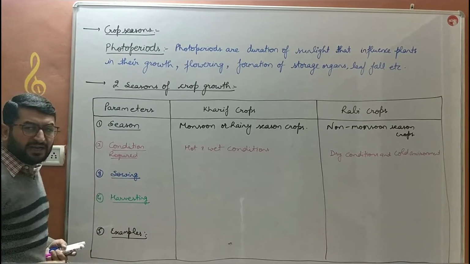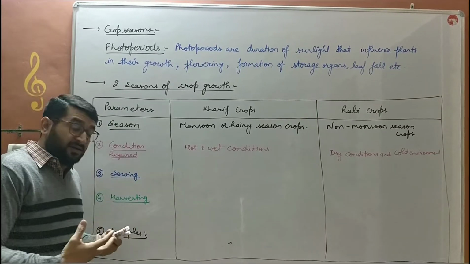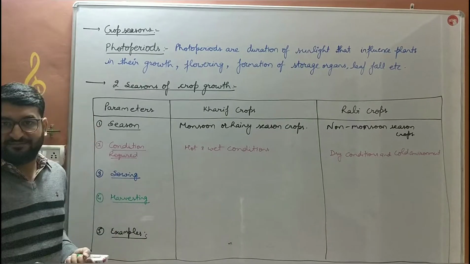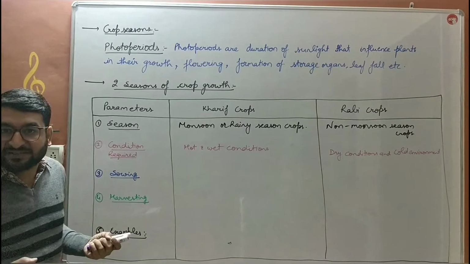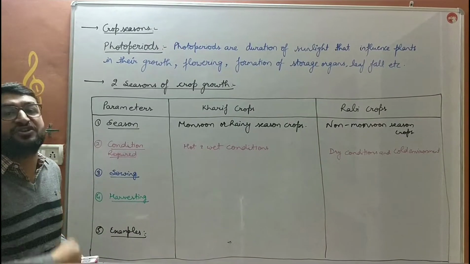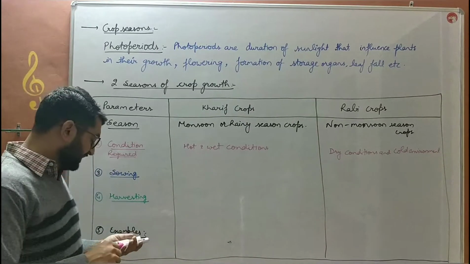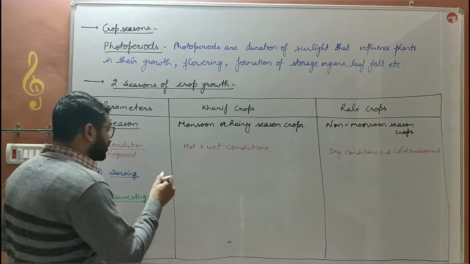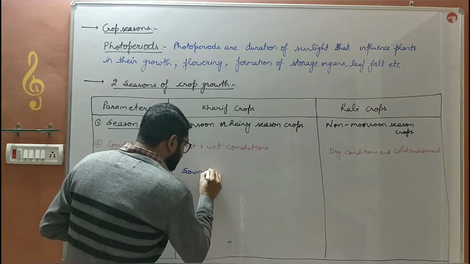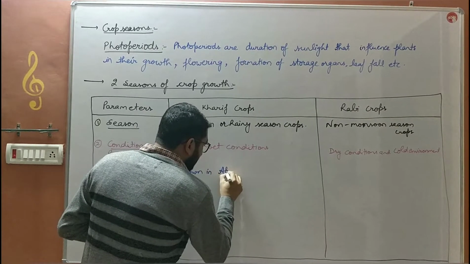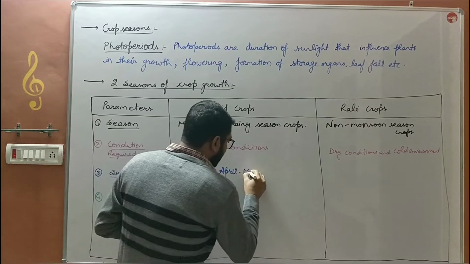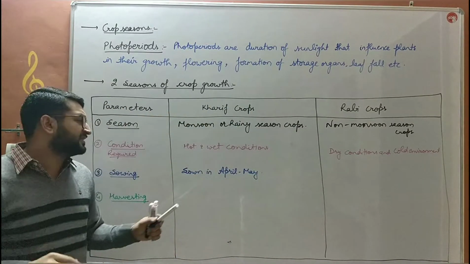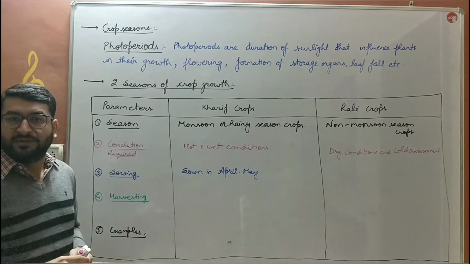Next, their sowing and harvesting. Sowing means their seeds are to be sown, so that the seeds grow and make a new plant. And harvesting means cutting, cultivation of those crops. Kharif crops, the summer season crops, are sown in the month of April or May. You can write March to May, that is also correct, but usually it is from April to May.